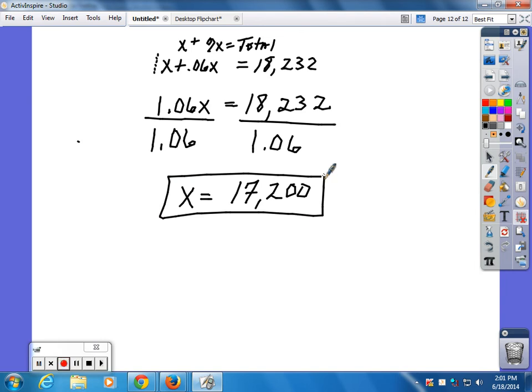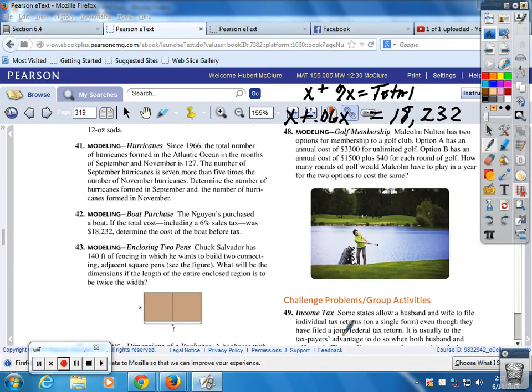So that's the Walmart equation. Now, you don't have to do it that way, but that's the easiest way to do it. Let's see what else we got.